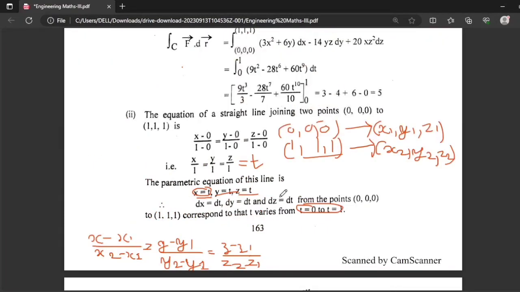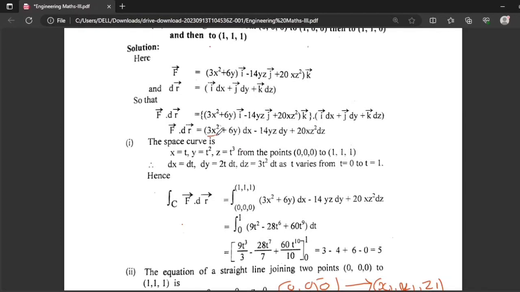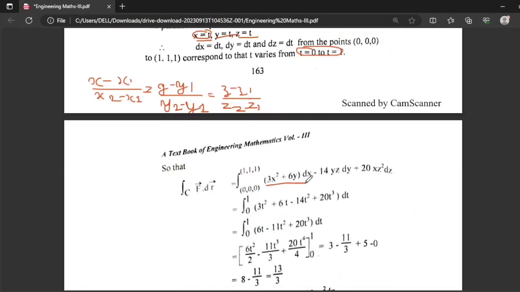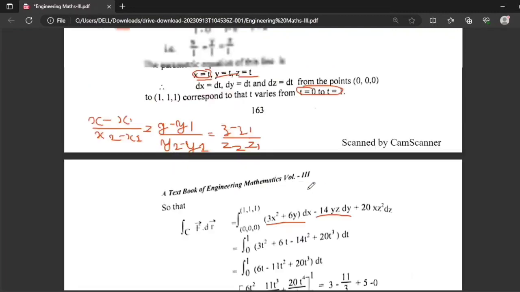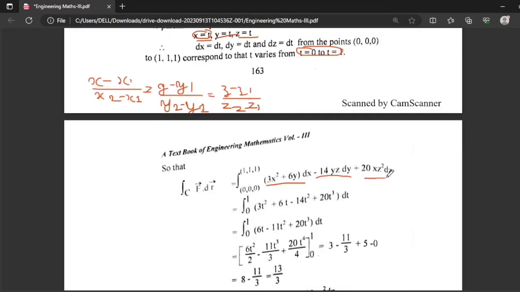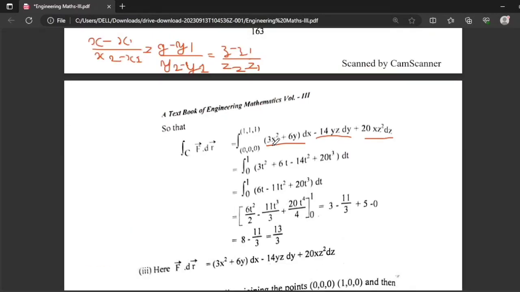F dot dr is this: (3x square plus 6y) dx, minus 14yz dy, plus 20x z square dz. Now since x is t, it is 3t square plus 6y, and y is also t, and z is also t.